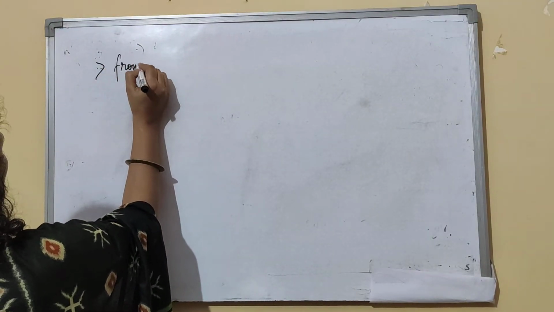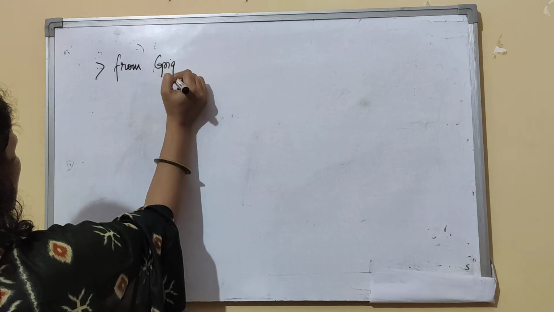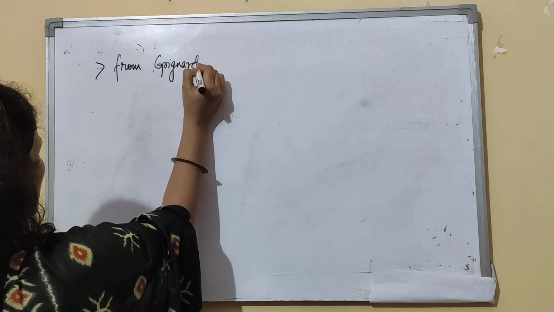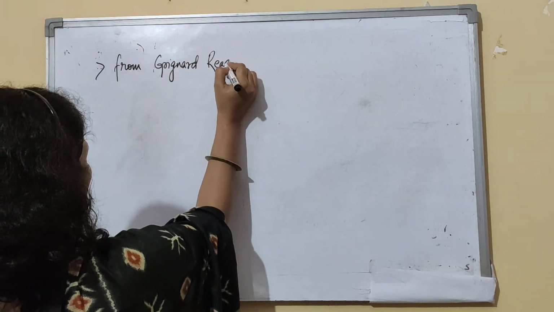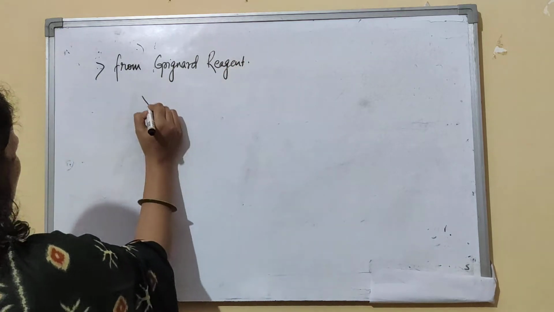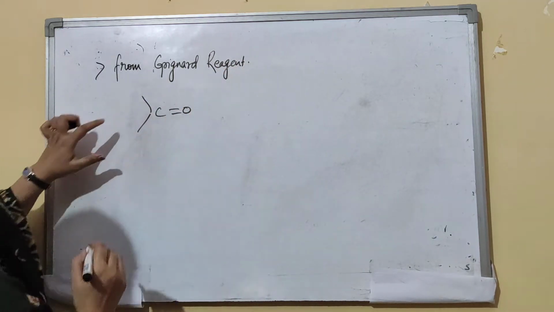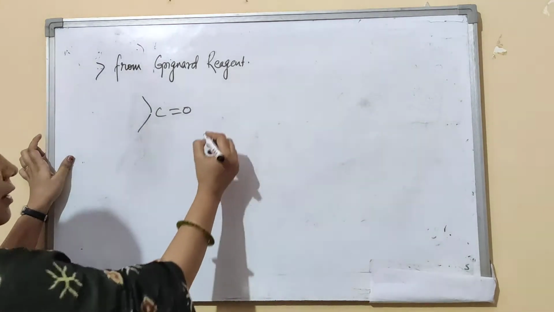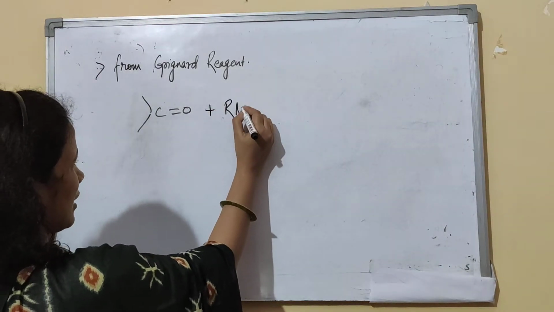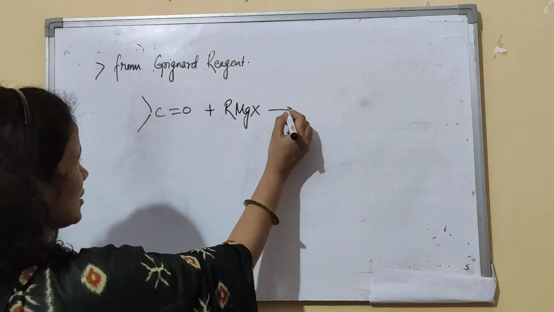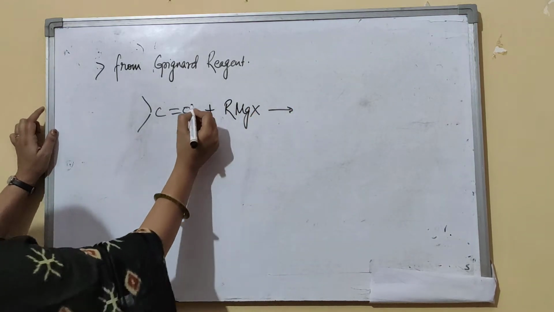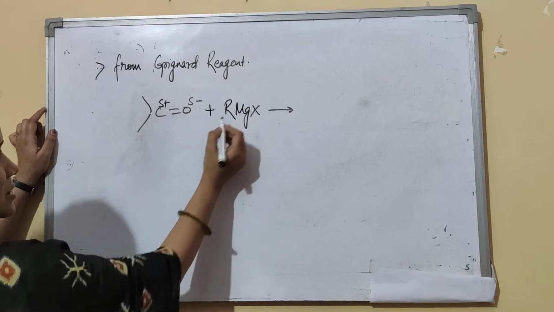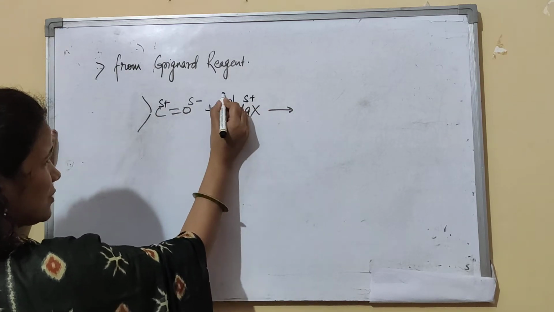How do we make it? Say this is any carbonyl group, it can be an aldehyde or a ketone, plus we write RMgX. This is delta negative, this is delta positive, this is delta positive, delta negative.